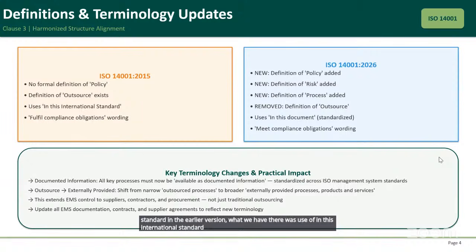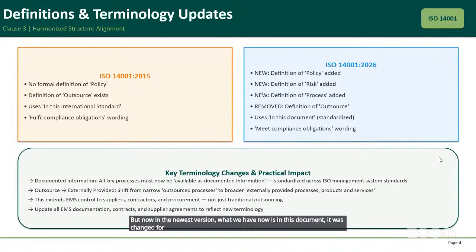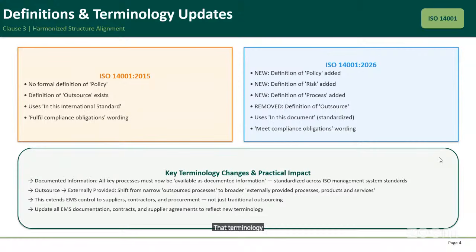But now, in the newest version, what we have is "in this document." There were some areas where they said "in this international standard" repeatedly, but now that terminology has changed to "in this document."